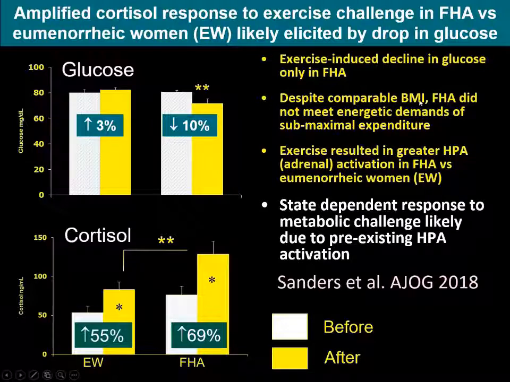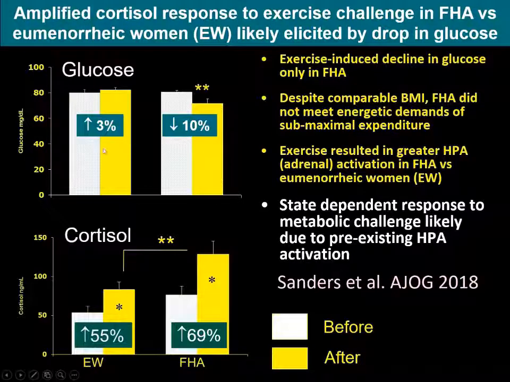They were comparable in BMI, so they did not look energy deficient, but they were amenorrheic. Then we gave them an exercise challenge: riding an exercycle to 70% of VO2 max.